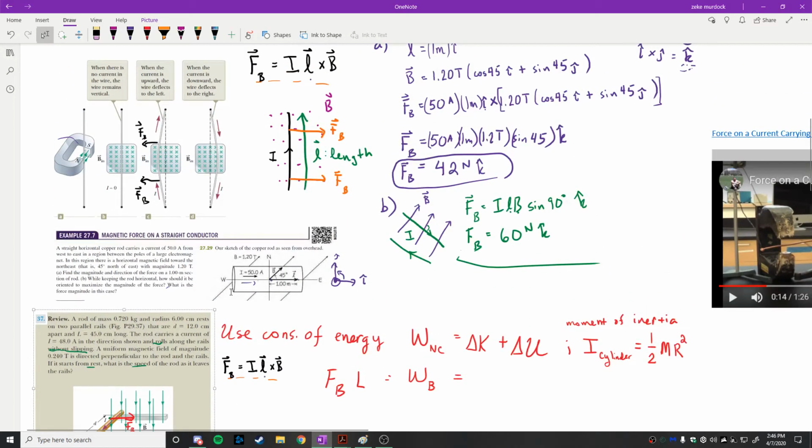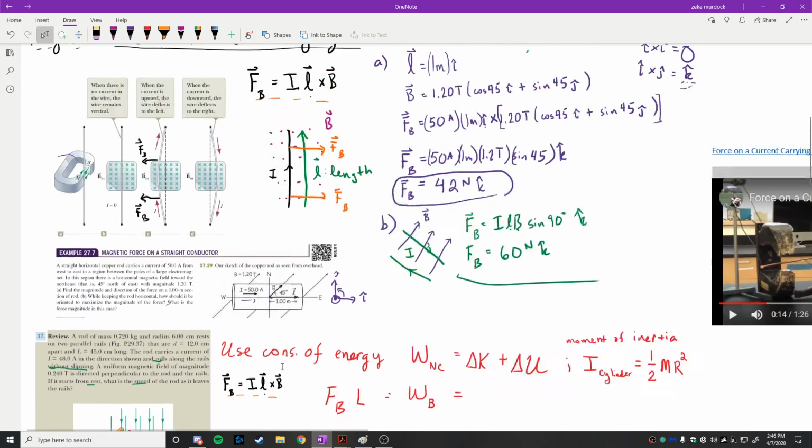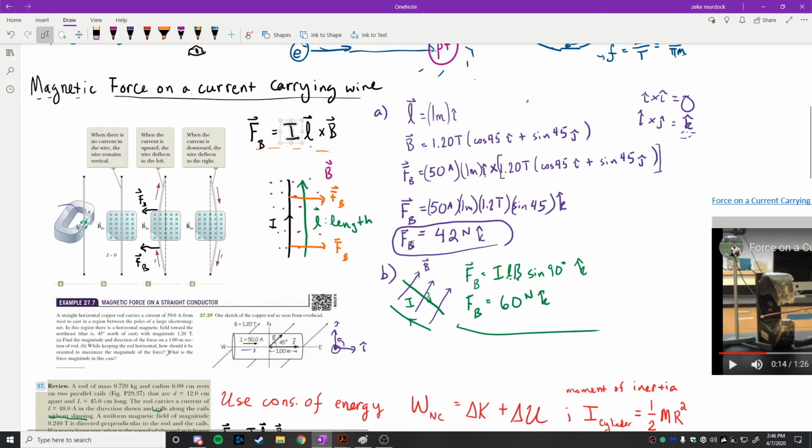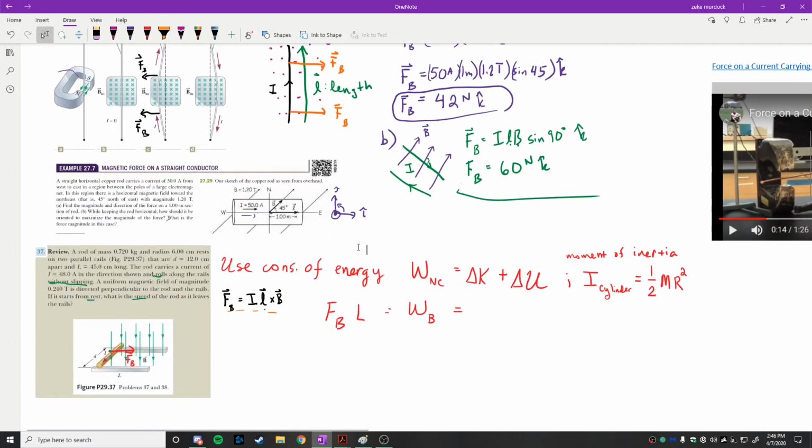No. The I represents current. The L represents length. Current is not a vector. Current's a scalar. Current density is a vector. Displacement's a vector. Length is a vector.